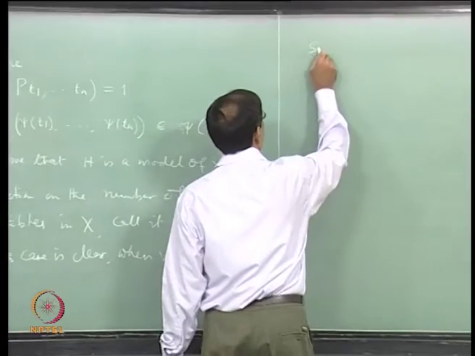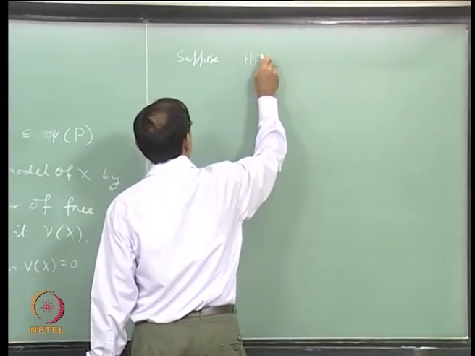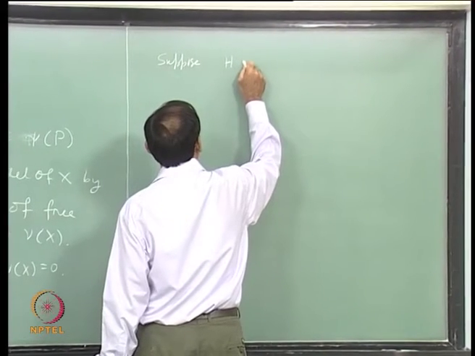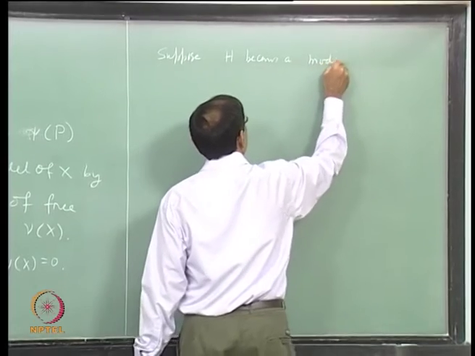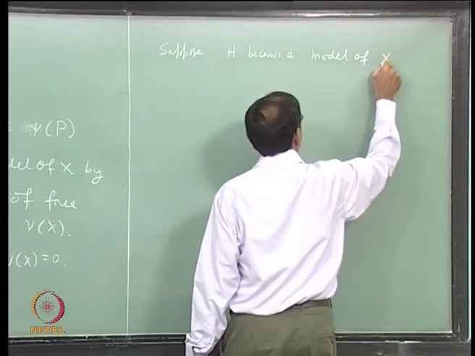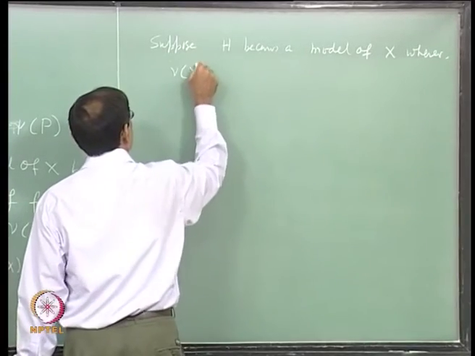So, in the induction step, suppose H becomes a model of X whenever nu X is less than n.